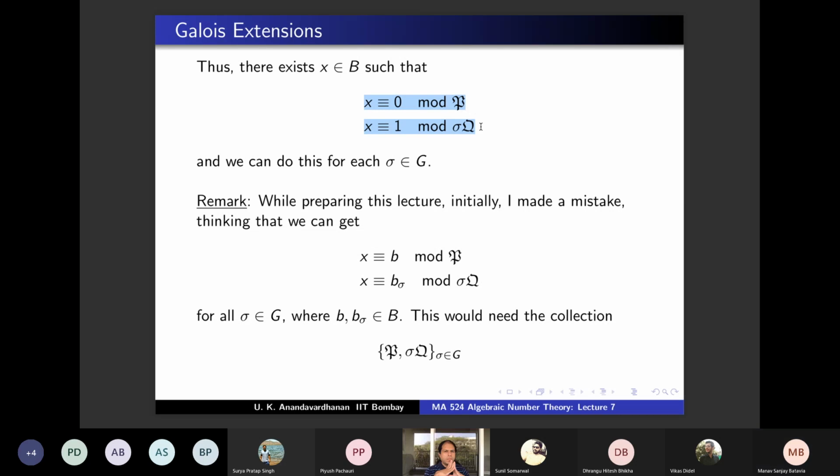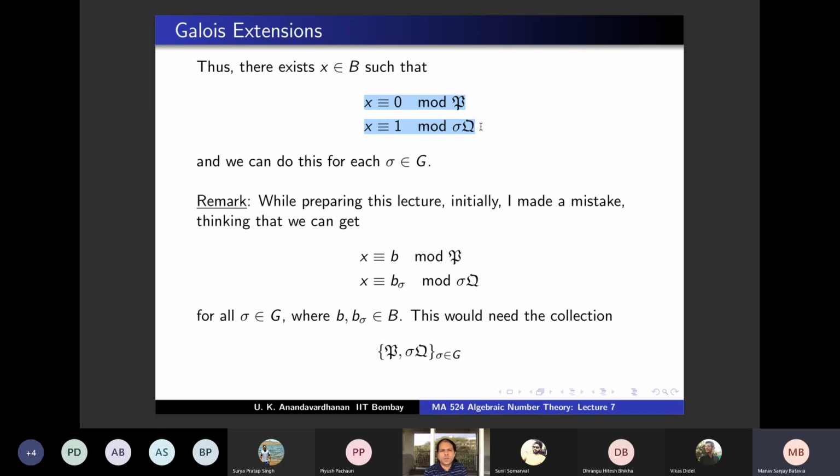And if you have P and tau Q, then I can find an x such that x is 0 mod P and 1 mod tau Q. Let's call it x prime. You're saying that x prime can be different. Yeah, but now I think I got it. So what I'm proposing is that you take all sigma I such that sigma I q is not equal to sigma J q. Take the maximal subset.